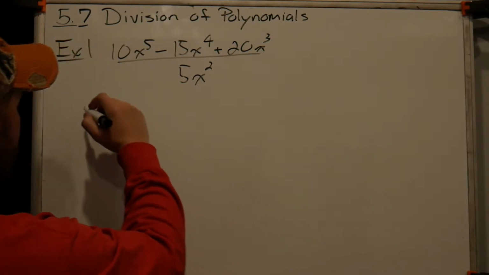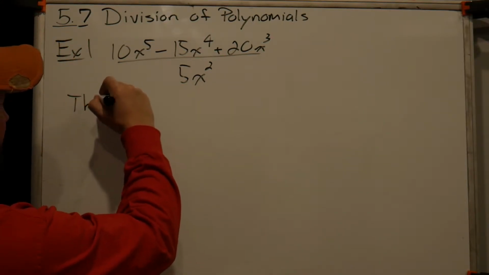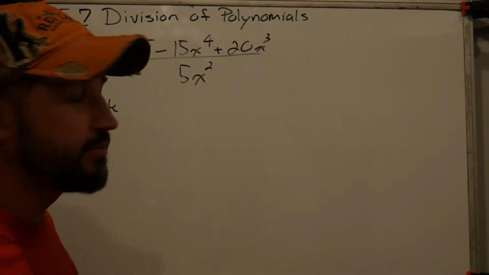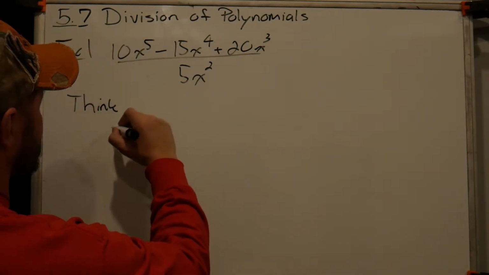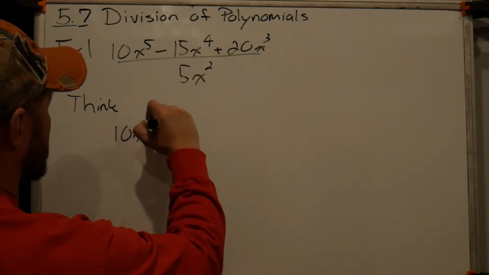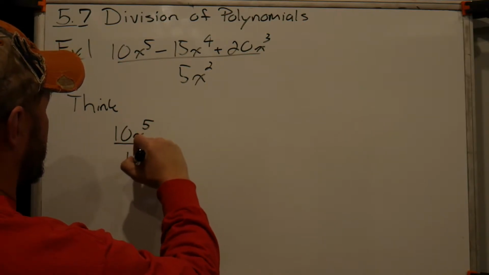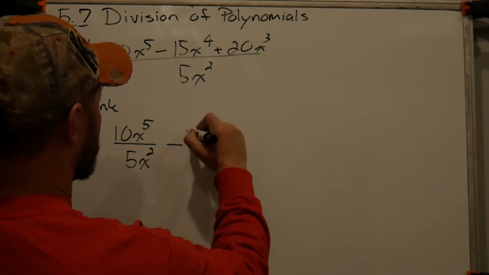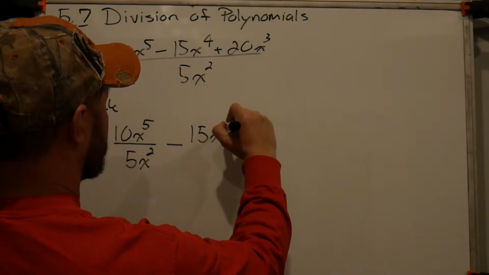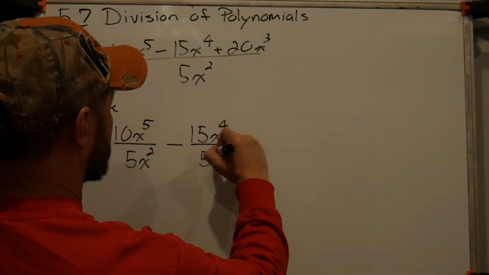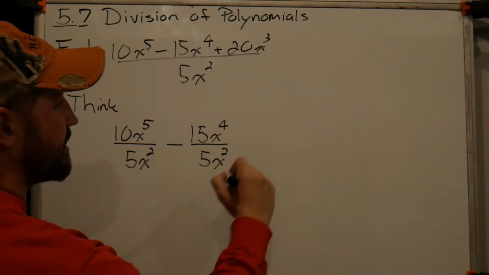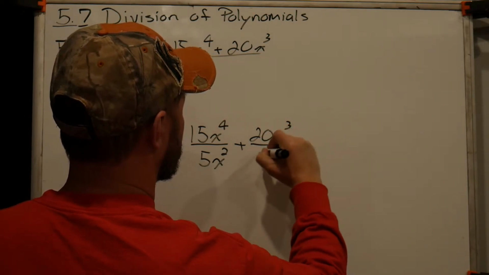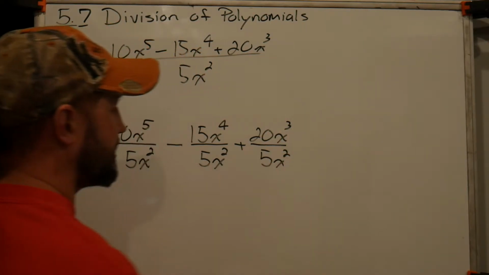So what we want to think now, you don't have to do this every time, but the thought process we use is taking 10x to the 5th over 5x squared, then subtracting 15x to the 4th over 5x squared, and then adding 20x cubed over 5x squared.